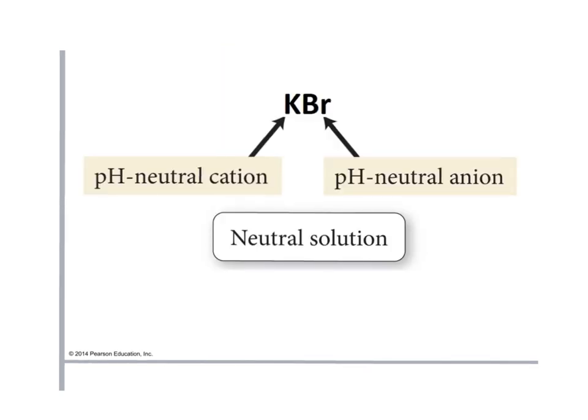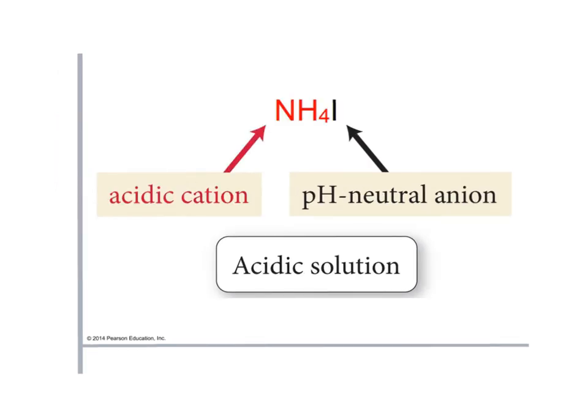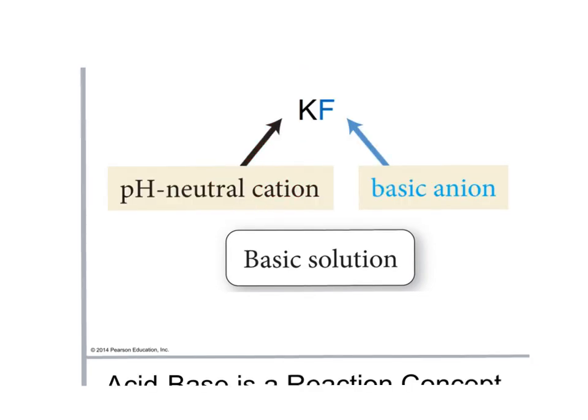So we had the neutral because it came from a strong base and strong acid, therefore neutral. Another came from a weak acid, therefore basic, and this one came from a base, therefore acidic. The K from a KOH, which is a strong base, the F from HF, which is a weak acid.